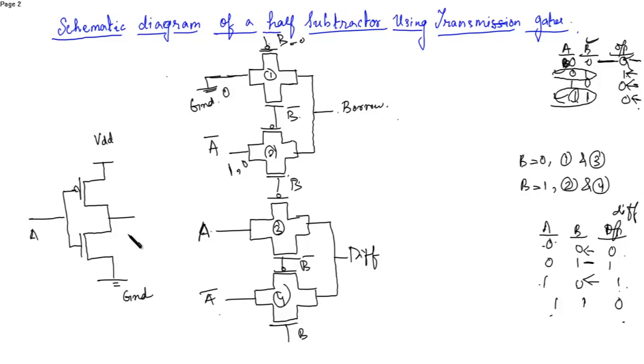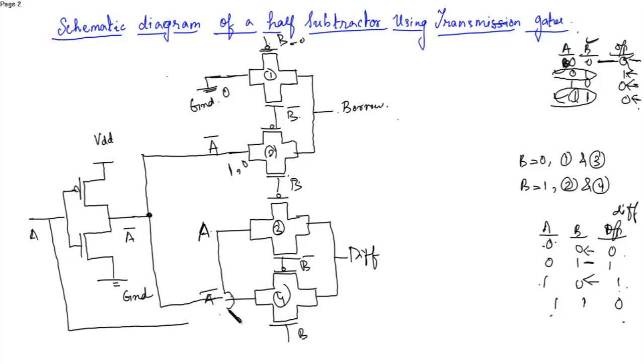This is A and this is A bar. If it's A, then only this is A and rest all are A bar. So just connect like this. This is A bar and this is A. Okay.